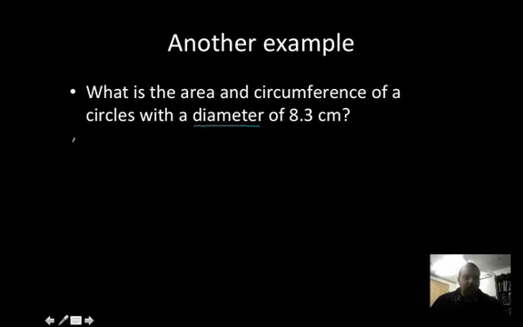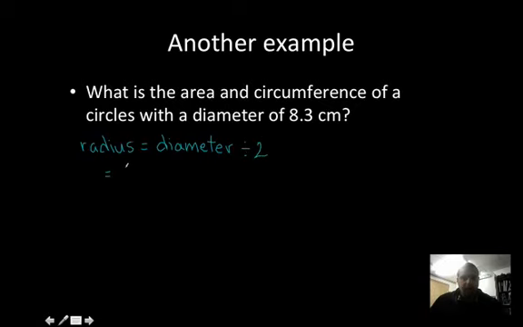To find the radius if we have the diameter, I should start off with saying that the radius is equal to the diameter, because this is something that we have, the diameter divided by 2.